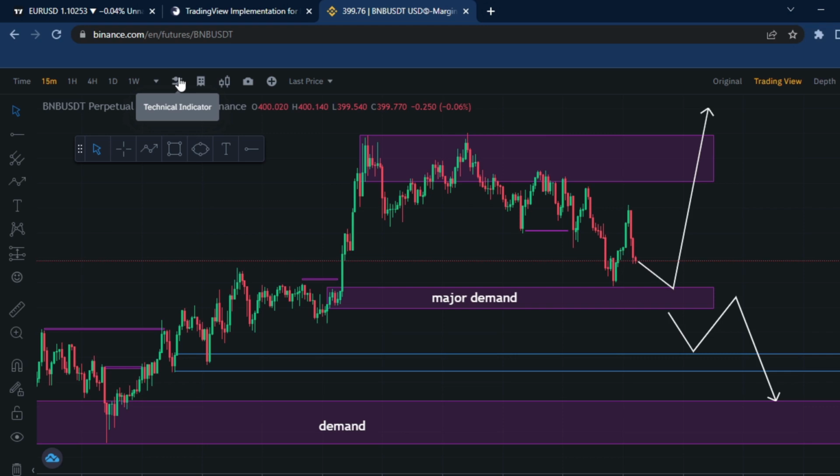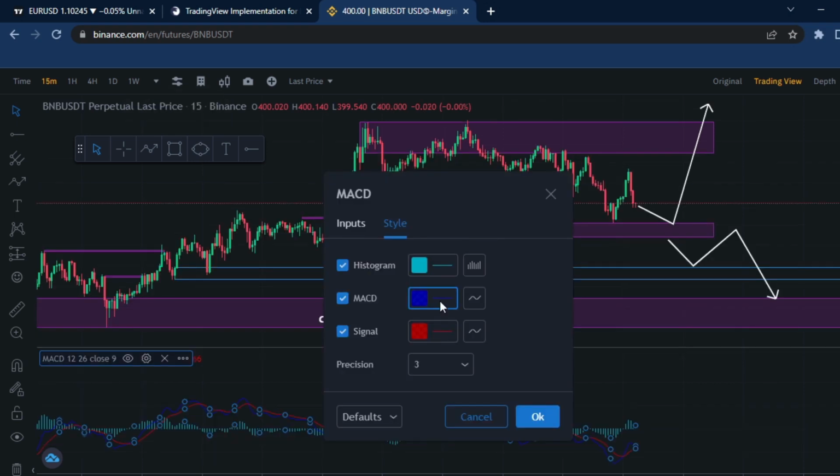Let's make it this color, and then we make it a little bit thick, you get, so that it's visible. Then we also change our signal lines to make them more visible. Then like this.